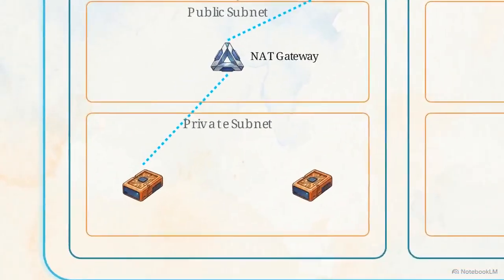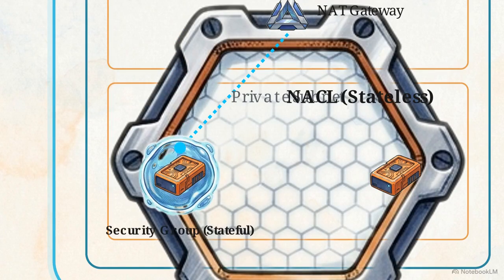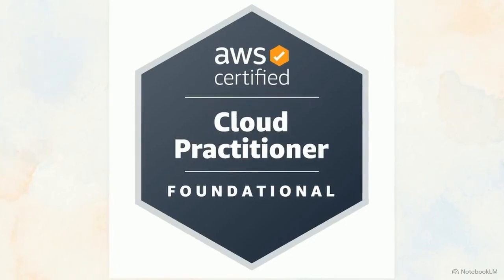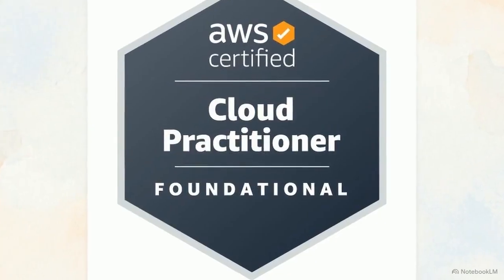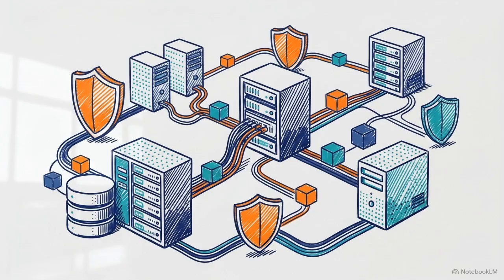Every packet crossing those boundaries is inspected twice, first by the stateless NACL guarding the subnet border, and again by the stateful security group protecting the instance. Mastering this software-defined networking stack equips you to pass the Certified Cloud Practitioner exam and provides the blueprint to secure any application you build in the AWS cloud.